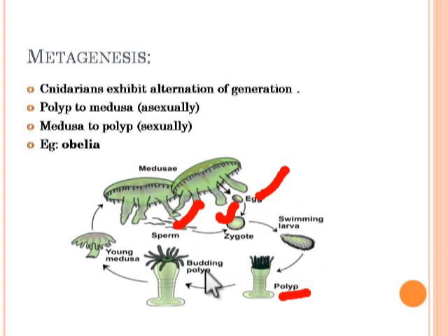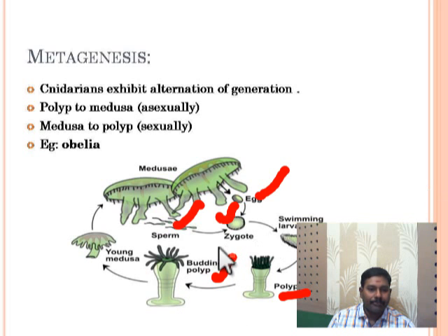After budding, a portion of the polyp will get detached from the polyp and fall down. That will generate into another organism, which is termed budding or fragmentation. After budding, that portion will develop into the young medusa and then reach the maturity stage.